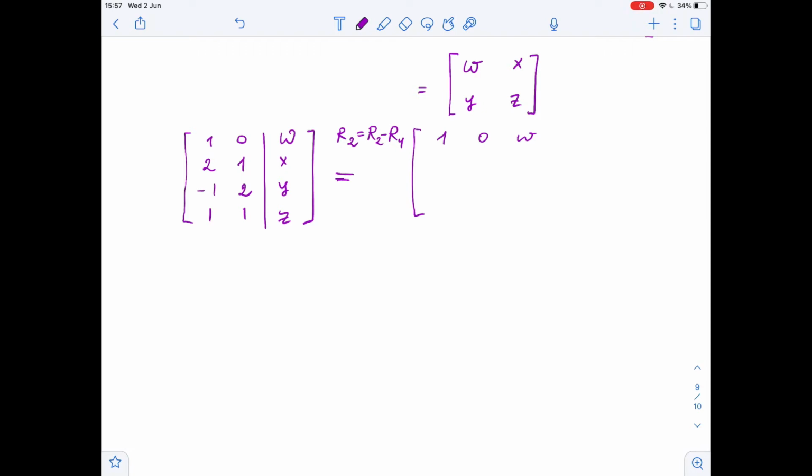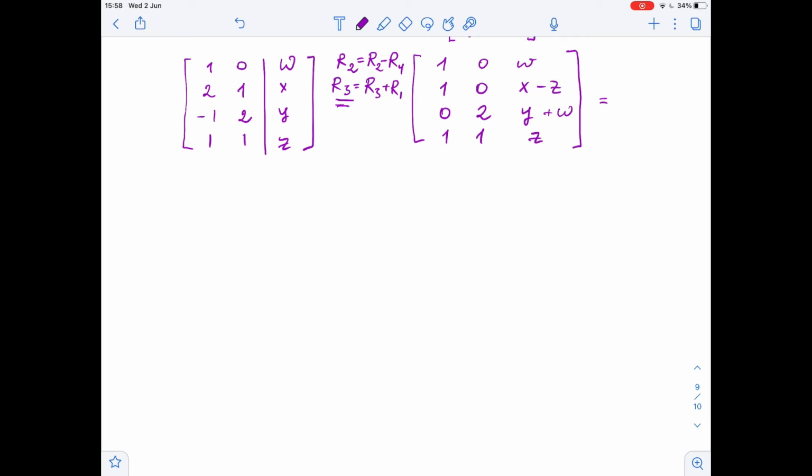So we will have 1, 0, X minus Z. For the third row, we will add the first row to the third row. So here we will have 0, 2, Y plus W, and we will just leave the fourth row the same. So 1, 1, Z.